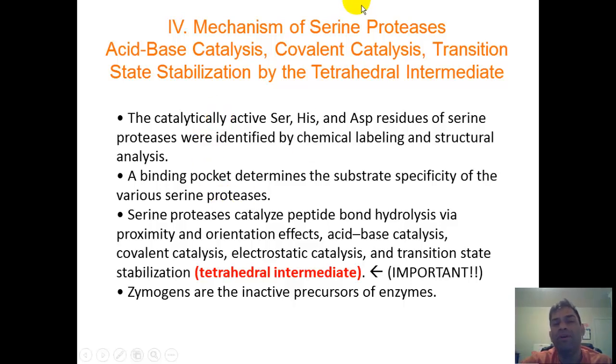One of the main points of serine proteases is the universality. So serine proteases from plants, serine proteases that digest and cleave peptide bonds in our gut, serine proteases in our cell, serine proteases in HIV, serine proteases everywhere are going to utilize this mechanism.